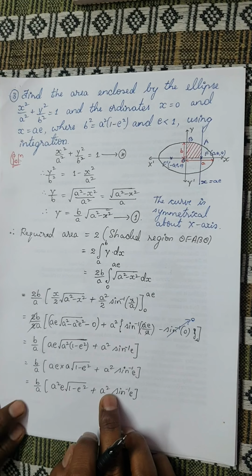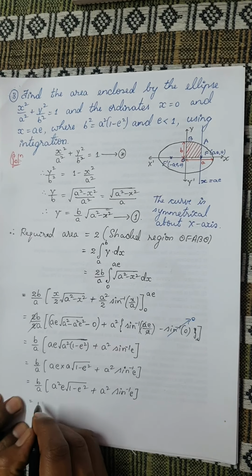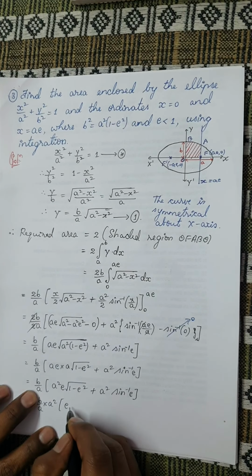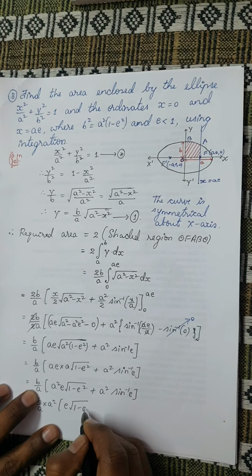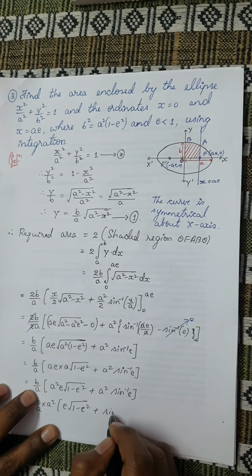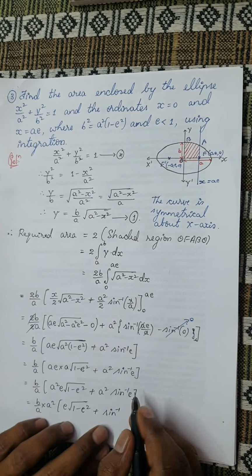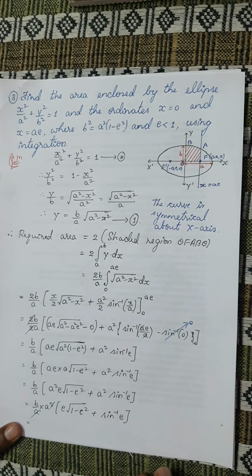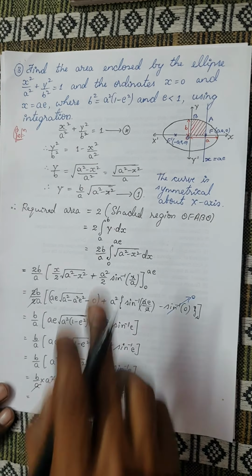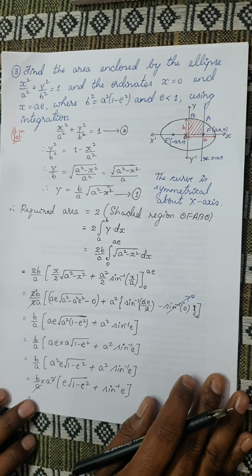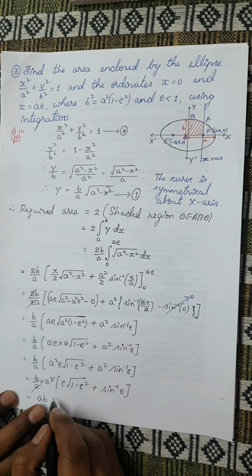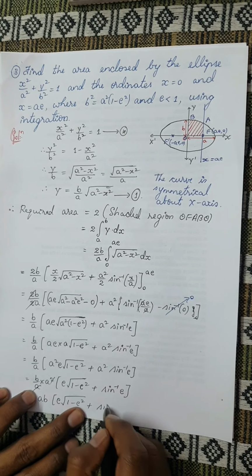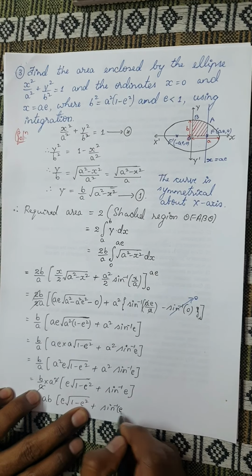Now in both the terms I have a square common. Let me take it outside. So it is b by a into a square is common. The leftover terms are e into root of 1 minus e square plus sine inverse of e. So my final result would be, one term of a would be cancelling. The required area would be a into b into [e into root of 1 minus e square plus sine inverse of e].